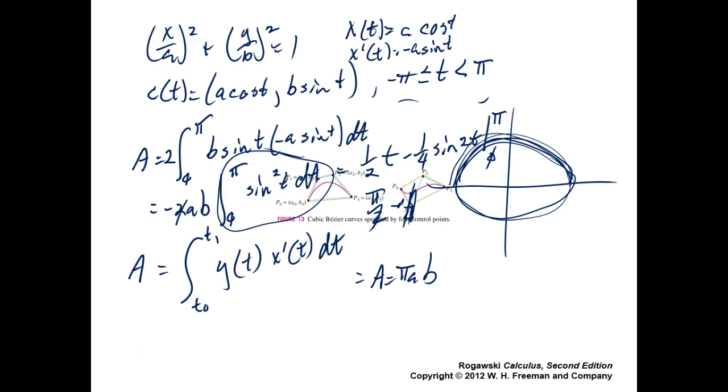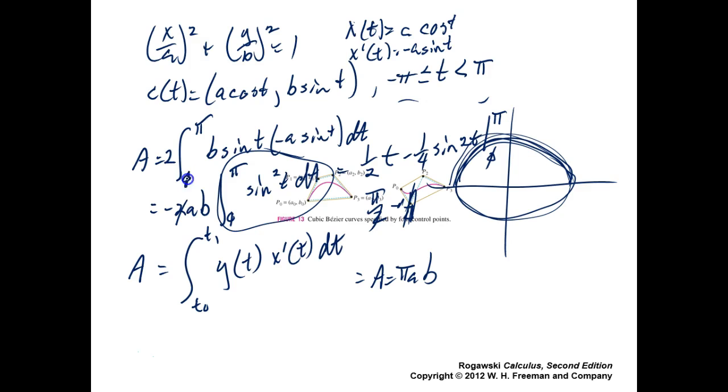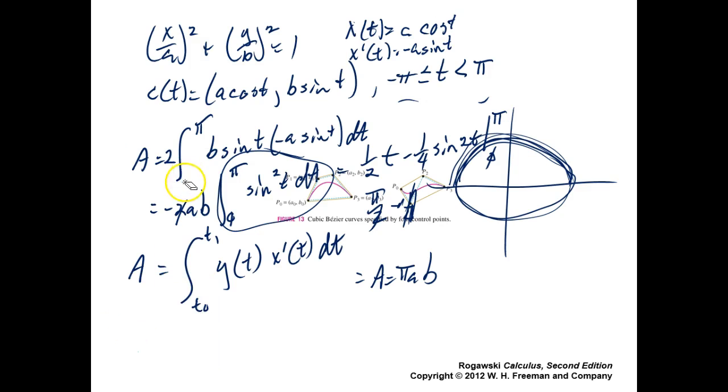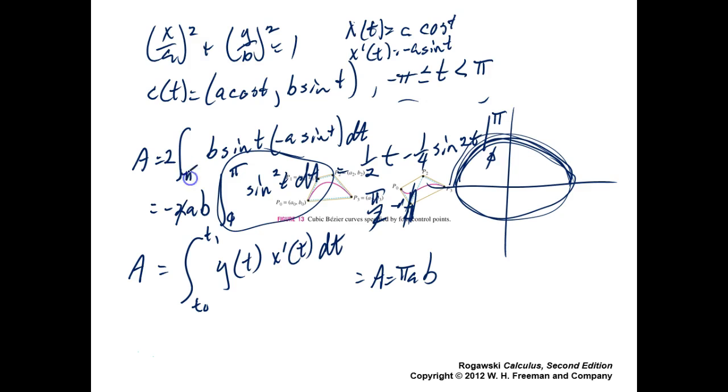I don't know. That's what happened to it. They say this integral is from pi to 0. There we go. And I haven't quite figured out why they say that yet. There may be a very good reason. And then when you flip those, you lose the minus sign.